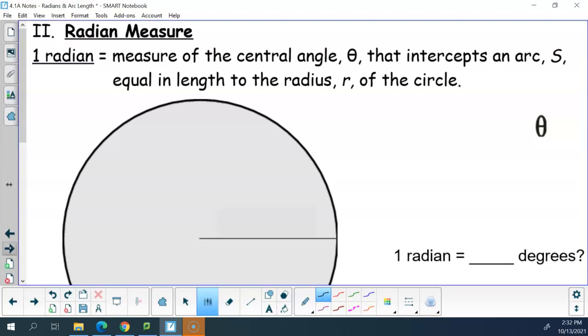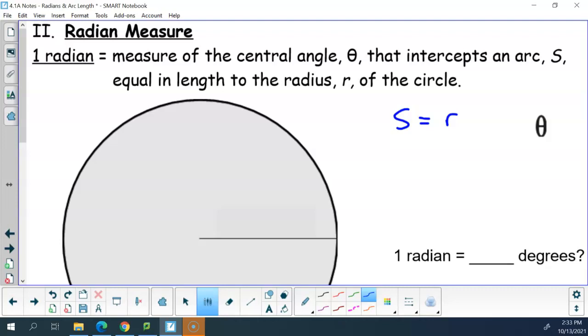One radian is a measure of the central angle theta that intercepts an arc, which we'll call arc length S, equal in length to the radius r of the circle. So in this case, if we are finding the radian, my arc length S has an equal distance to my radius R.